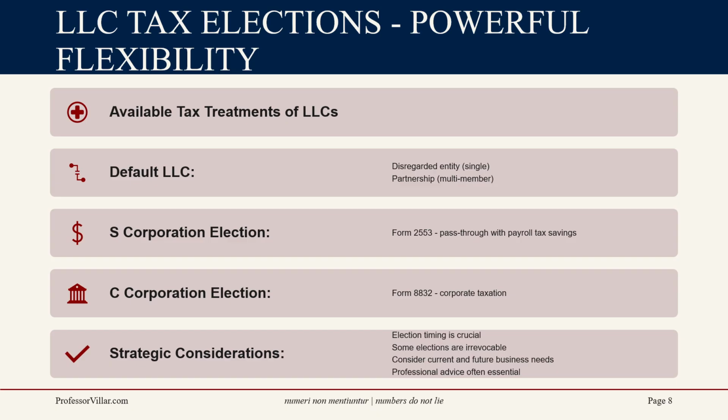Multi-member LLCs by default are treated as partnerships for taxation purposes, with all the pass-through benefits and K-1 reporting that we discussed in our previous video regarding partnerships. The beauty is that if you start as a single member and later add members, the tax treatment changes automatically. Or if members leave and you're down from a partnership to a single member, you automatically convert back to a disregarded entity.